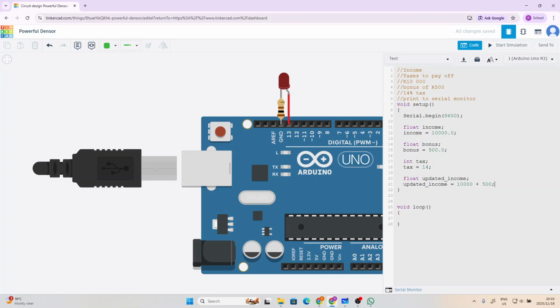Okay, and let's print out all these values. We want Serial.print, and we're going to print the income. We're going to go to the next line, and now let me explain how this works. Who can tell me the difference between Serial.print and Serial.println?